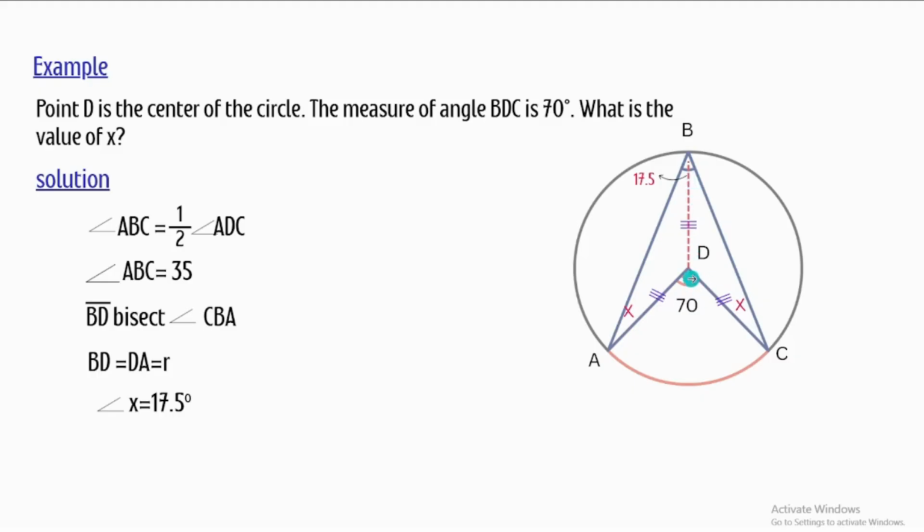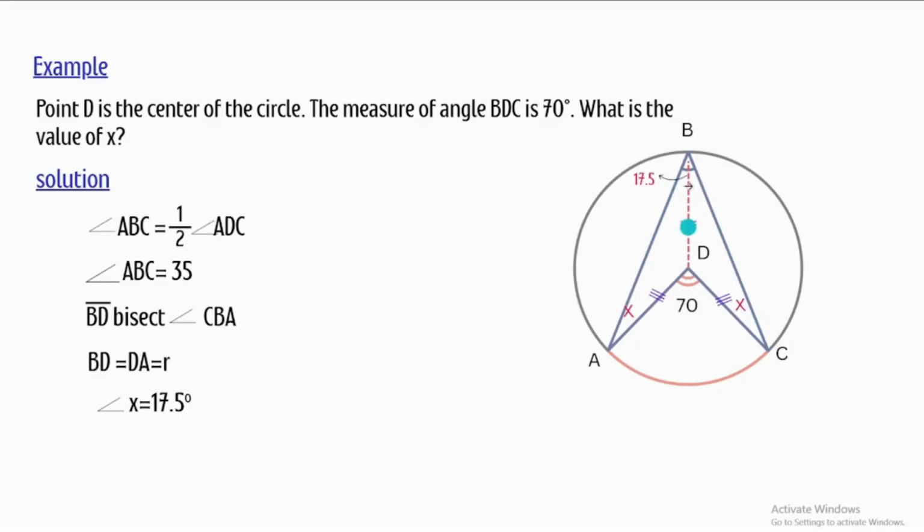We will draw BD, connecting B with D. BD becomes a radius, and BC and BA are radii. So the triangles BCD and BDA are isosceles triangles, because this is a radius and this is a radius.